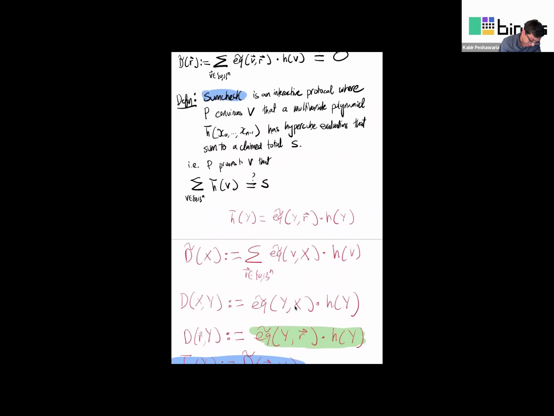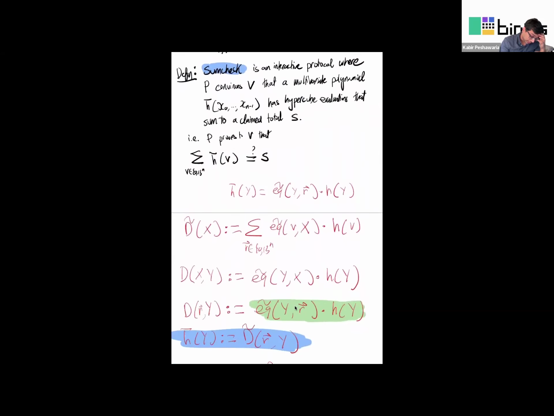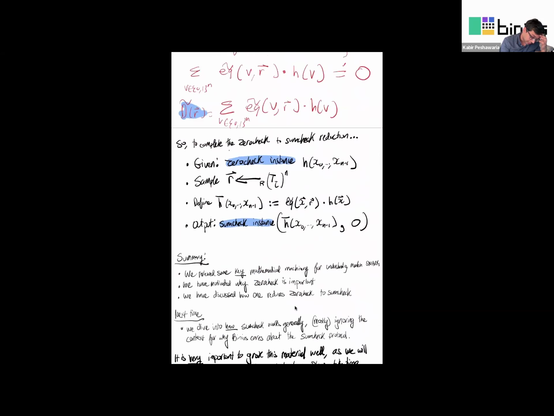I'll let you guys verify the math on your own time. But basically, the procedure to complete the Zerocheck to sumcheck reduction is: you're given a multivariate h, you sample a random challenge, you define h bar as this new multivariate, which is equal to this, and then you output a sumcheck instance that this new h bar summed up over the entire hypercube should have evaluations that come to 0.